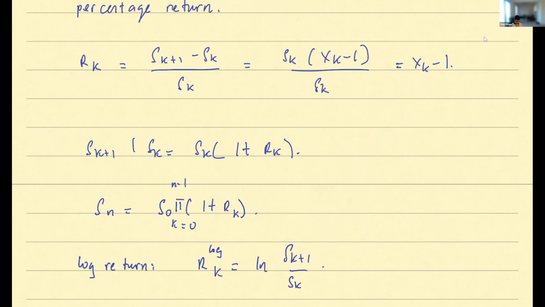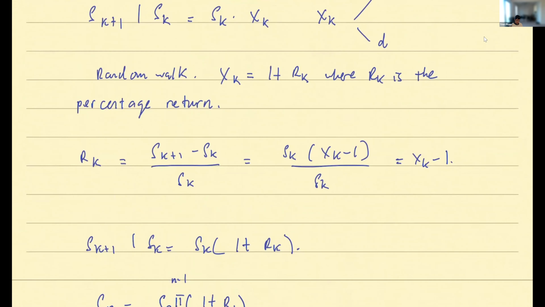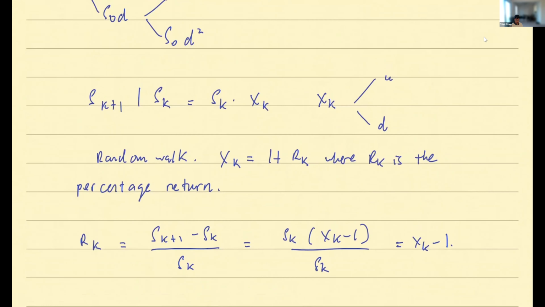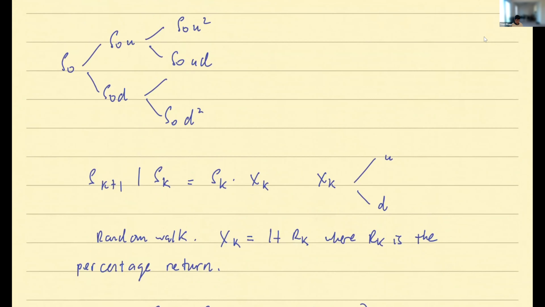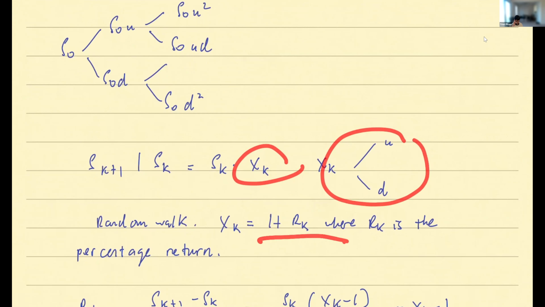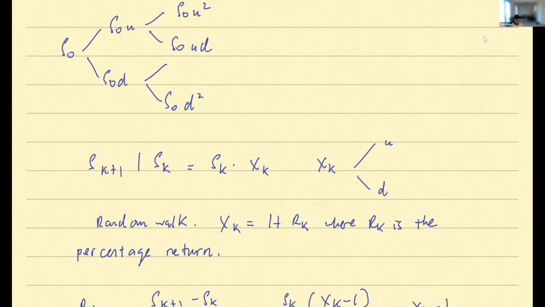Anyway, so let's go back to this and investigate. So what's the big deal, you may ask? In the sense that, yeah, you can call it U and D, or you can call it 1 plus a return. In fact, it seems like I'm just making life more complicated by introducing more symbols and blah, blah, blah.